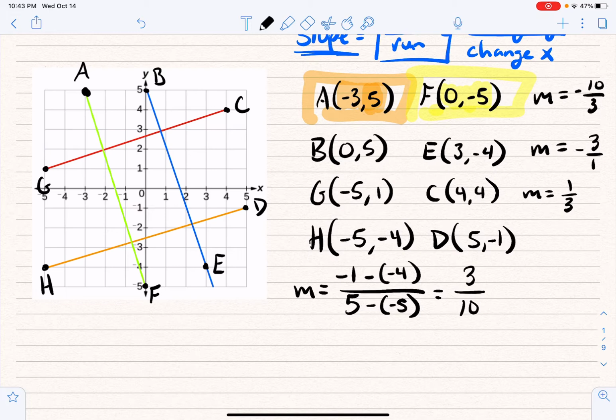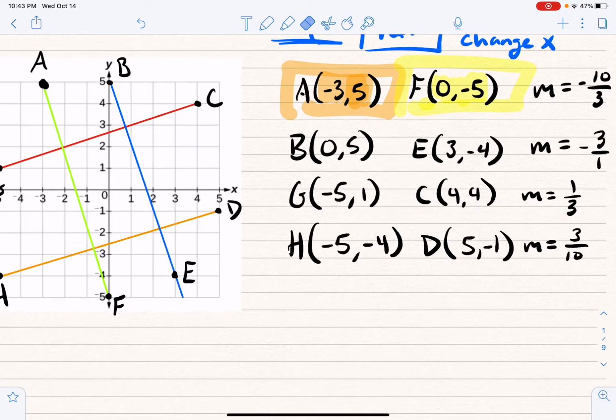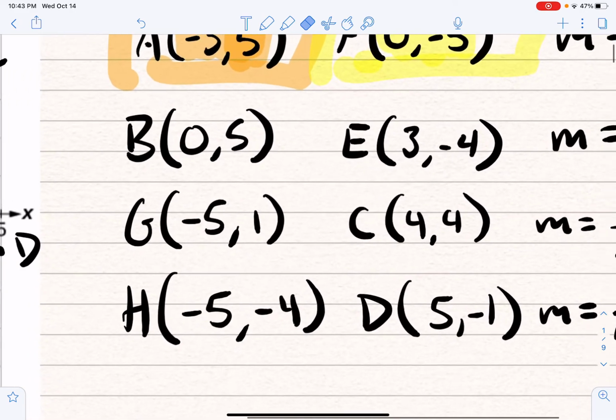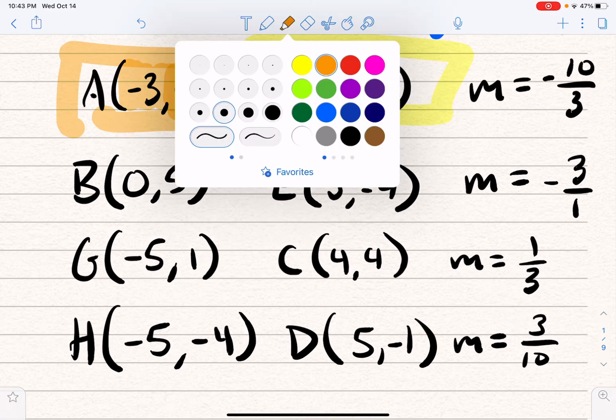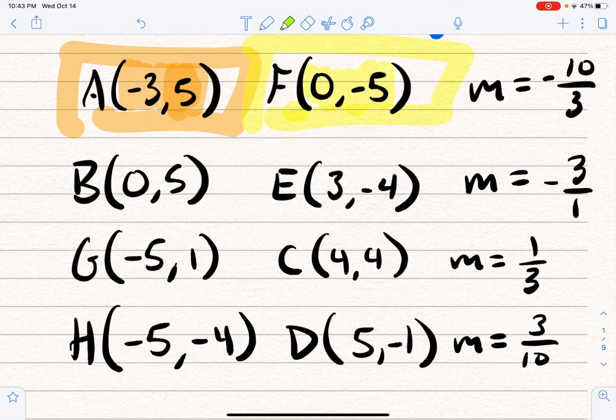All right. So now here's the important thing. Let's take a look at this. The slope of HD is 3 tenths. All right. We've got all of that. Now, let's zoom in and see what we have going on here. Well, we know that the slope of AF is negative 10/3, and the slope of HD is positive 3/10.